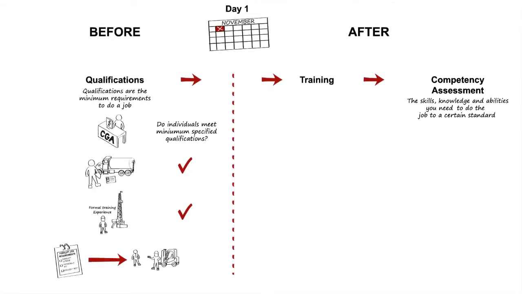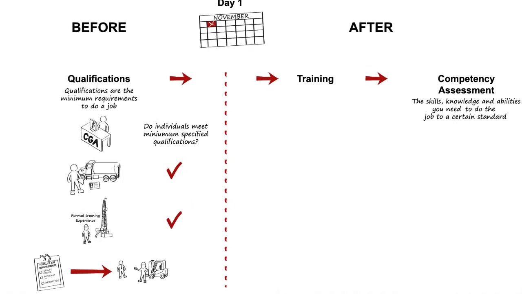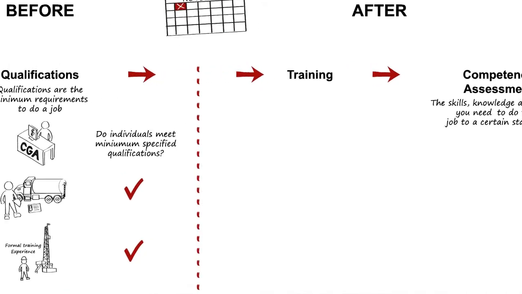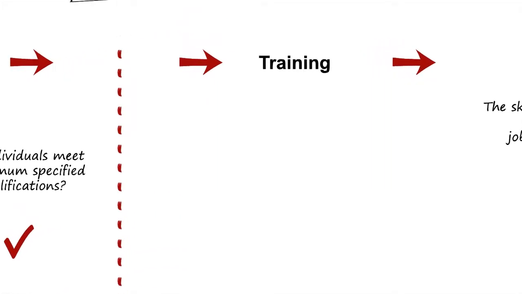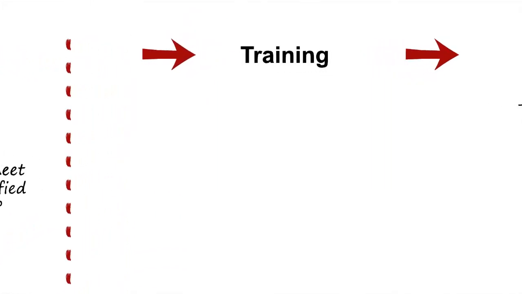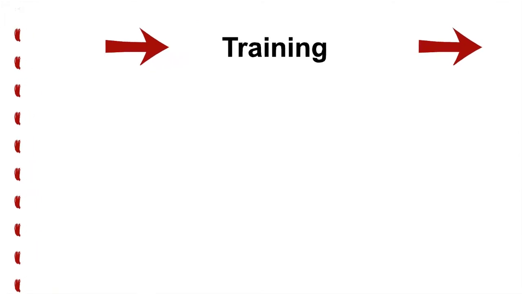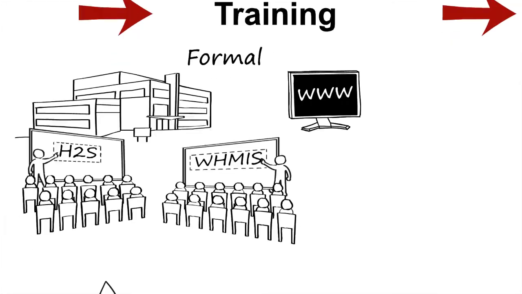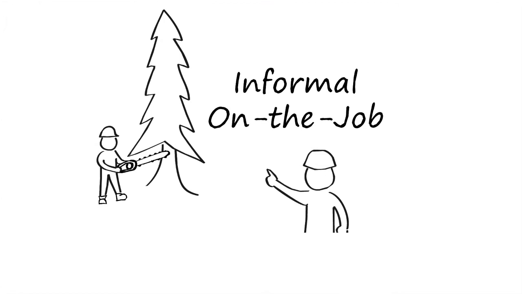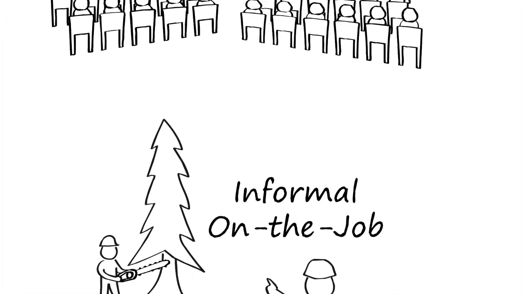And how do you move from meeting basic qualifications to being competent in a job? That's where training and experience come in. For many companies, training really begins with orientation, but let's leave that to one side to avoid confusion. Job-specific training falls into two basic categories: formal training and on-the-job or informal training.